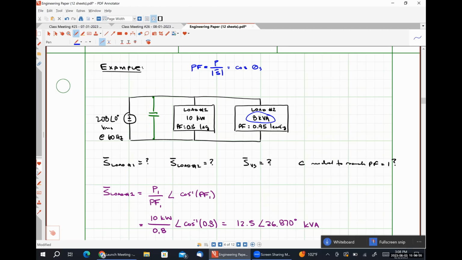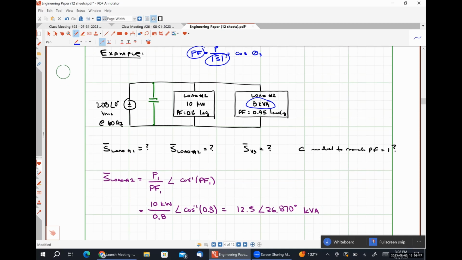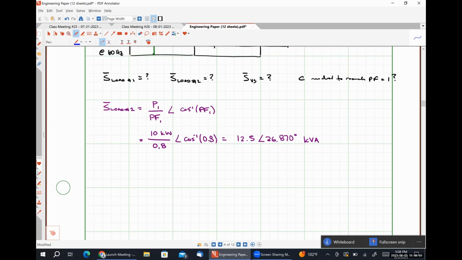Okay. So we already have our apparent power and we have the power factor. So once again, we have enough information to find our complex power. So for load 2, this is just going to be our apparent power for load 2 with an angle of the inverse cosine of our power factor, which was 0.95.